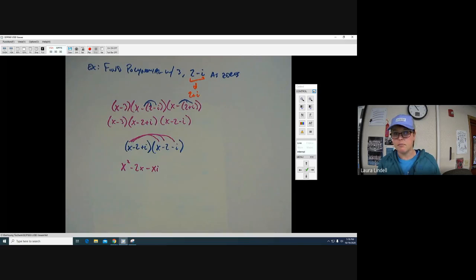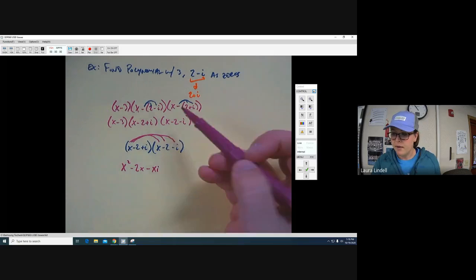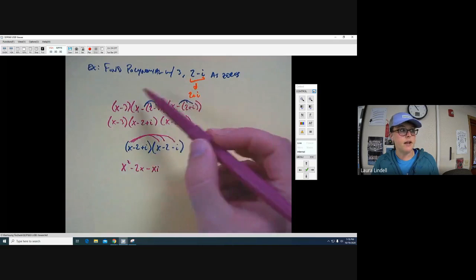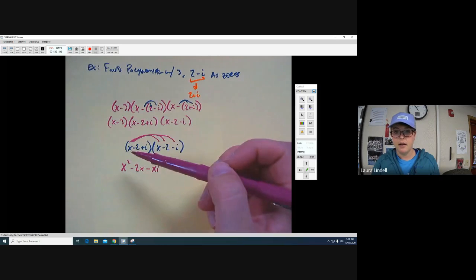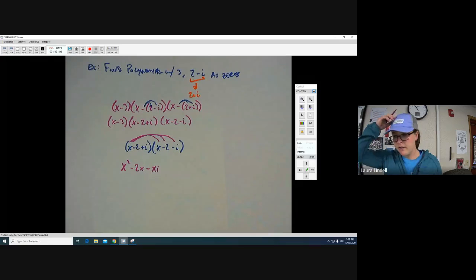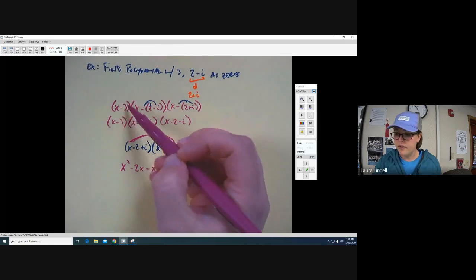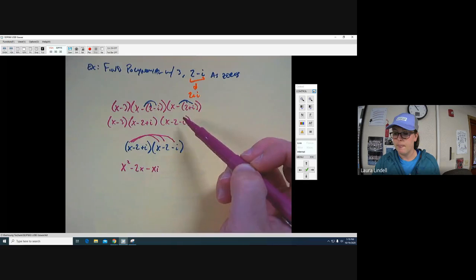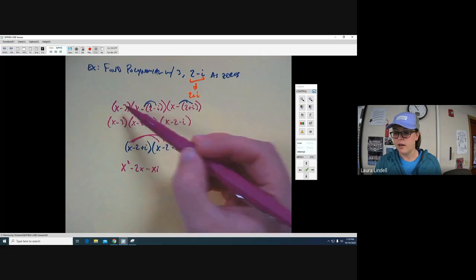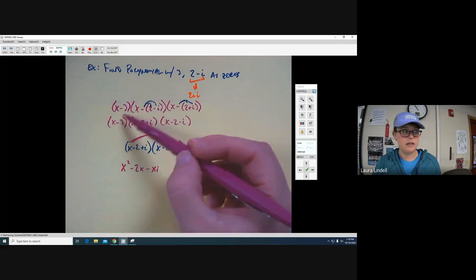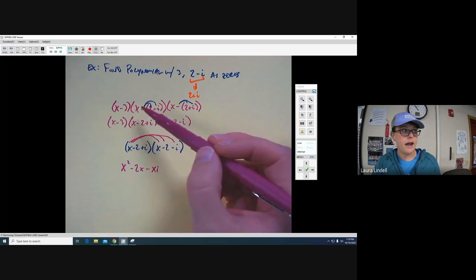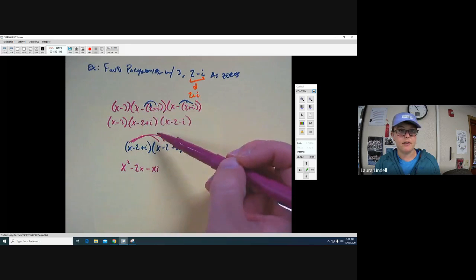Why is it always x minus the i values? Because that's what we're doing here with the zeros. For 3 even, it's x minus 3, right? And if you want to think of it this way, if I were to set each of these things individually equal to 0, then x would be equal to 3 in this case, if I set x minus 3 equal to 0. Or if I set this equal to 0, then x would be equal to 2 minus i.